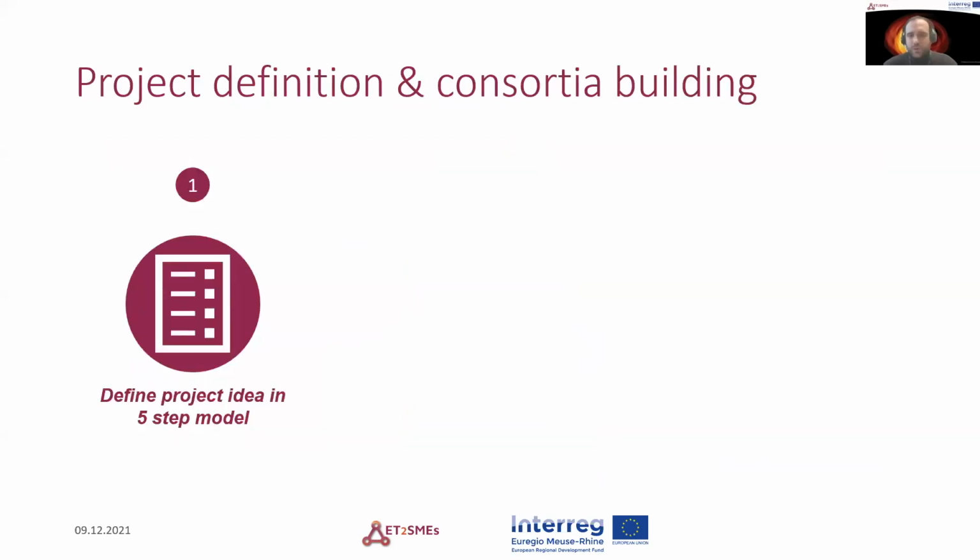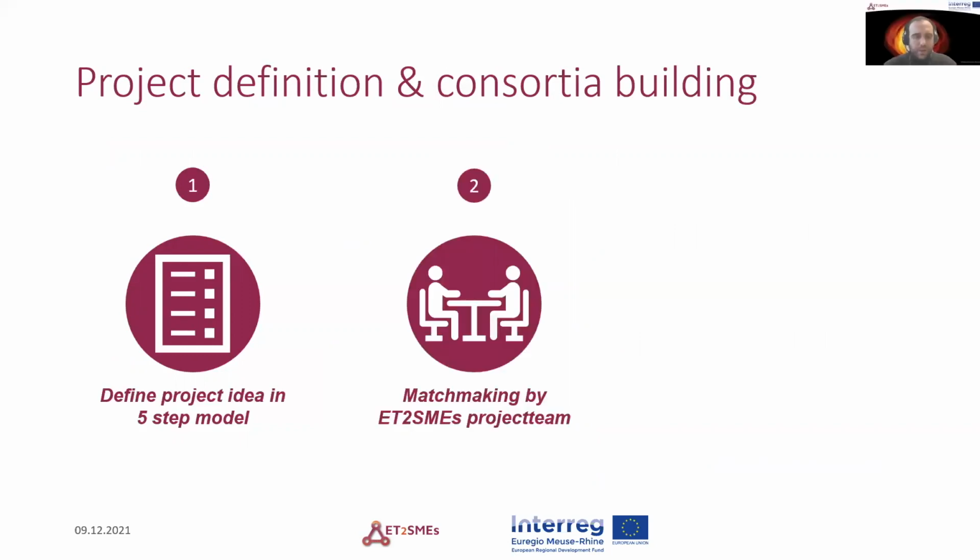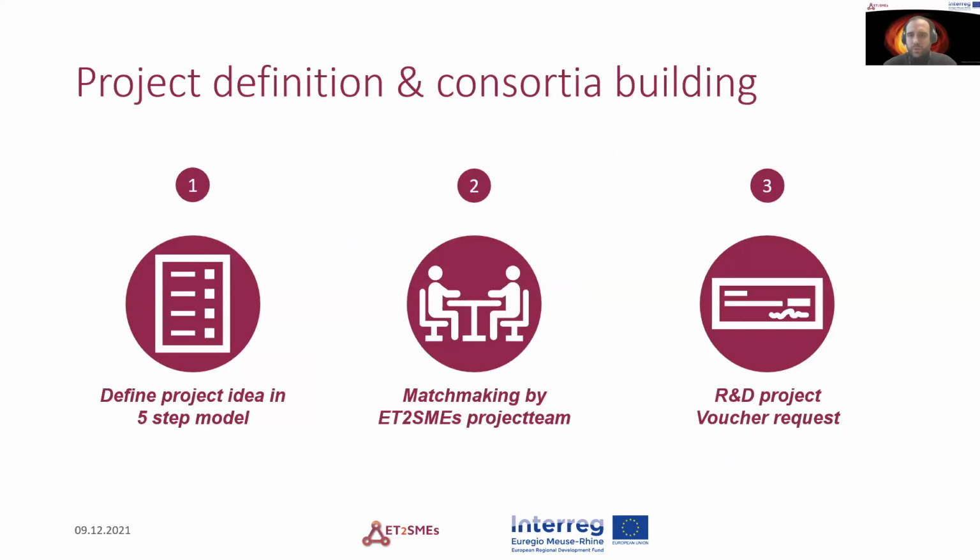What we try to do in this project is to support the SMEs and the companies by defining a project ID in a 5-step model. Then we will support you by matchmaking, so we will find suitable partners for you if you need that support. And then we will help you with the R&D project, how to submit it into a real voucher request.